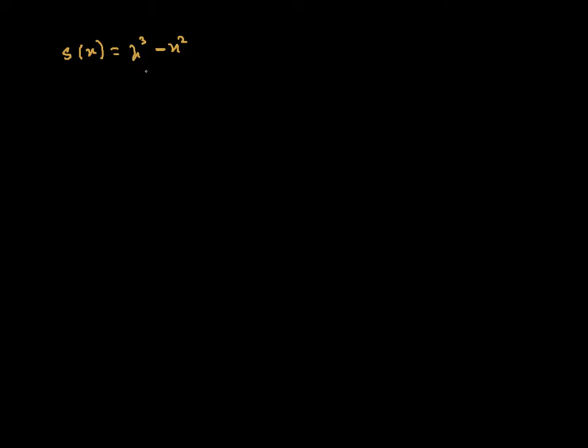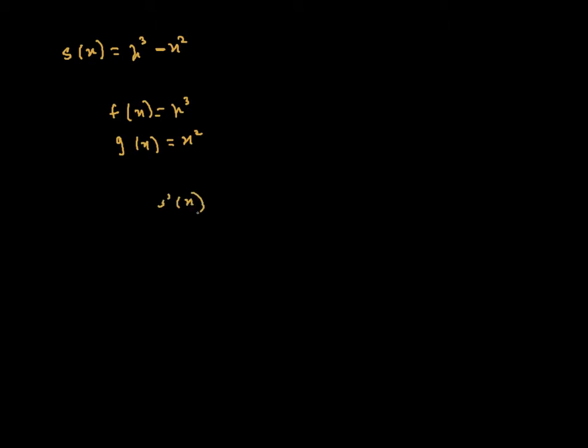So you have two functions which are subtracted. This is the difference between the two functions, and you just treat them as two different functions altogether. So you have f of x is x cubed and g of x is x squared. So what will be s dash of x?